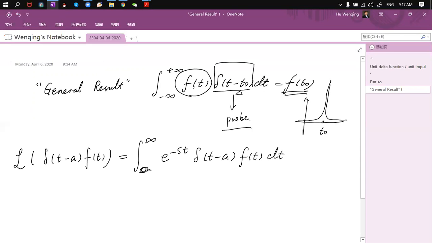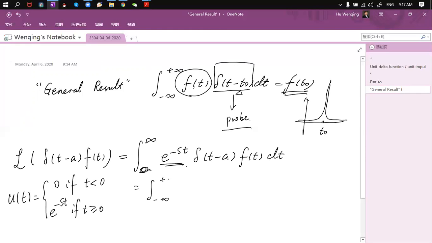Now you're going to treat this function. You can think of this one as another function u. Let's say u of t is equal to 0 if t is less than 0, and e to the power minus st if t is greater than or equal to 0. If you have this function, then this can be written as the integral from minus infinity to infinity of u of t f of t multiplied by delta of t minus a dt.